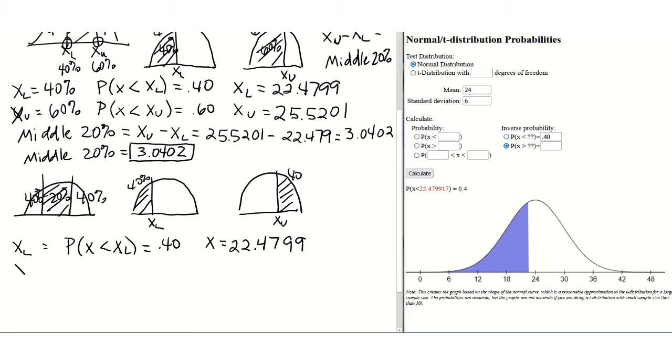So if I want to get the x upper, I want all of my x values that are going to be greater than my upper limit. I want to get the upper 40%. So the first one was the lower 40%. Now I'm solving for the upper 40%.